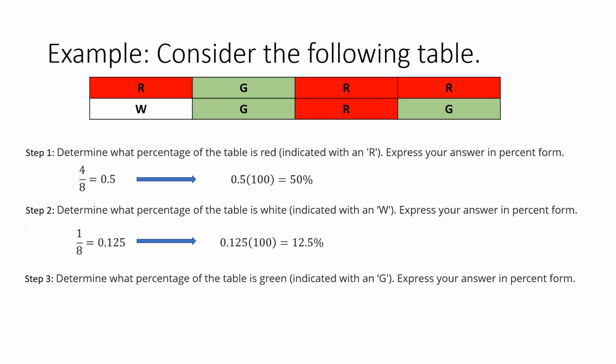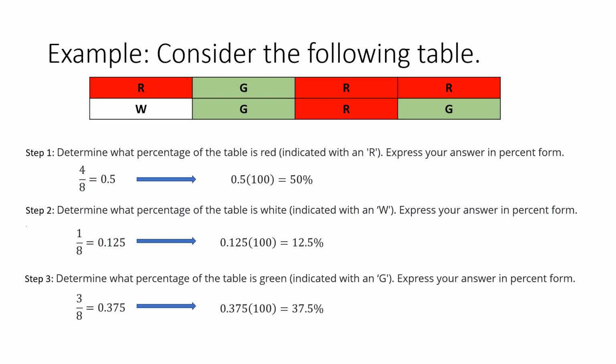And then lastly, we're going to determine what percentage of the table is green. It's indicated with a G, and we want to express that answer in percent form as well. And so there are 3 greens out of 8, and that gives us a decimal of 0.375, and we're going to change that to a percentage by multiplying by 100. And we're going to get our answer to be 37.5%.